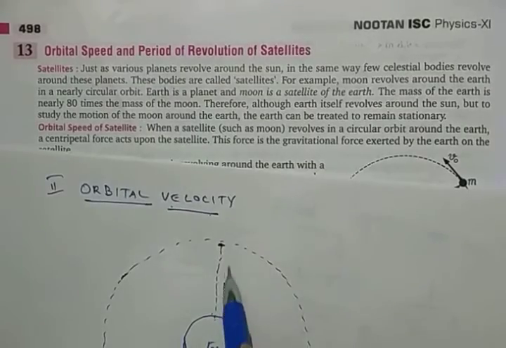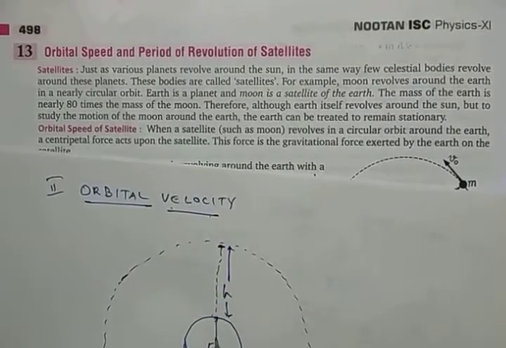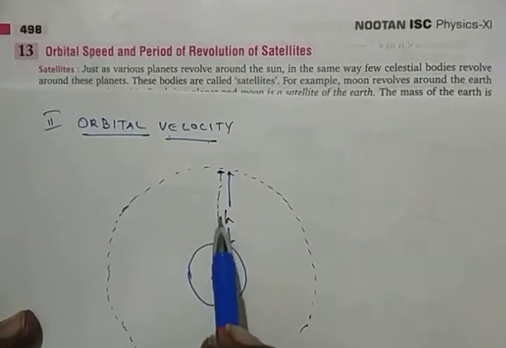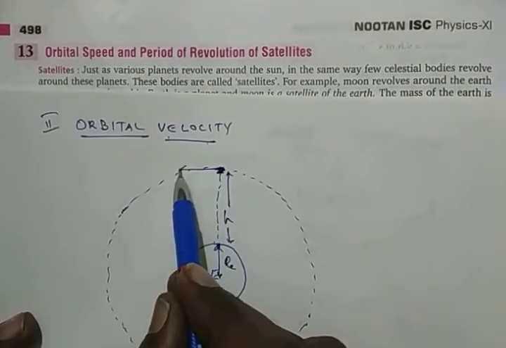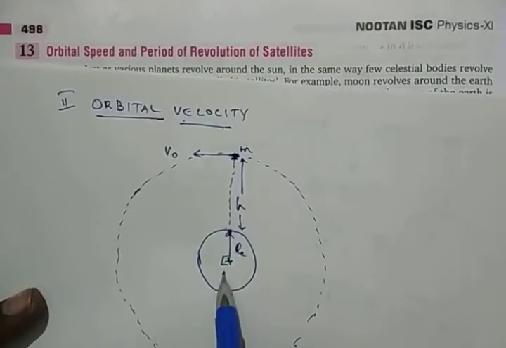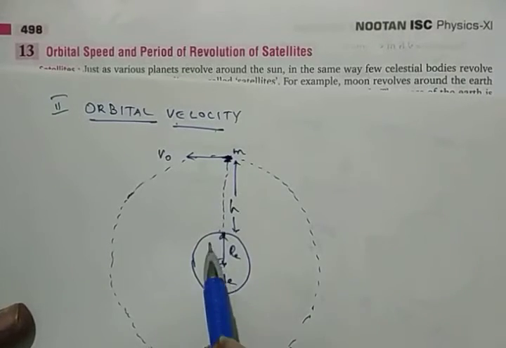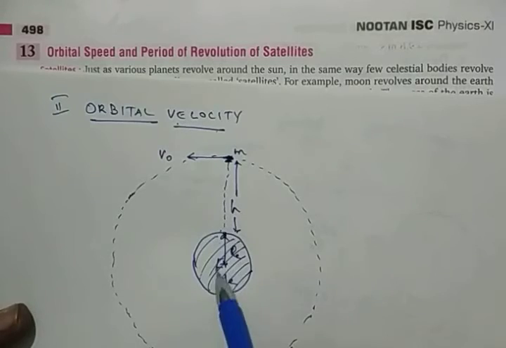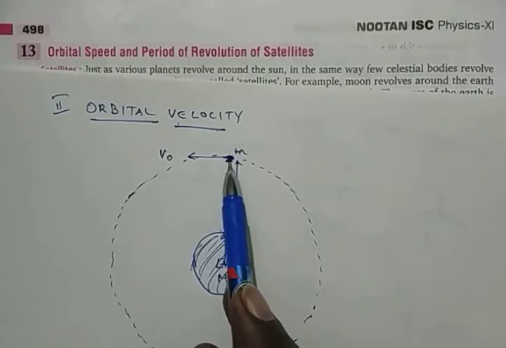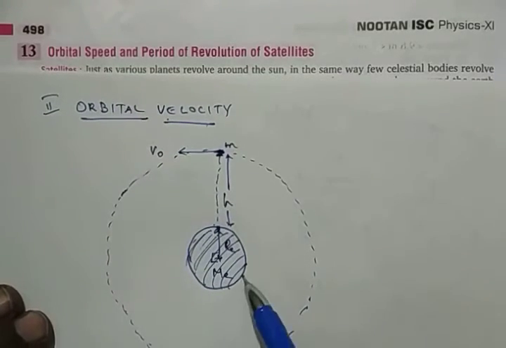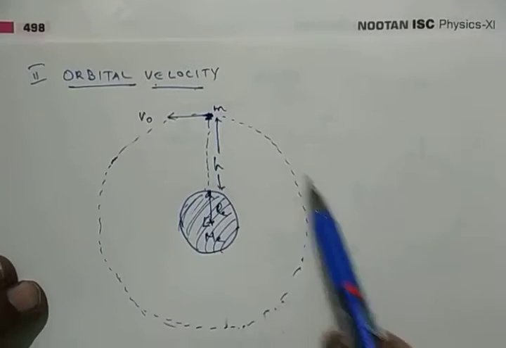So if this is the height above the surface of Earth and this is the radius of the Earth, this body is given an orbital velocity. This is mass m, this is mass of the Earth. So we find there is definitely a velocity which is needed after it goes to the top. Now we are going to see how this velocity appears and in what way it revolves around the Earth.